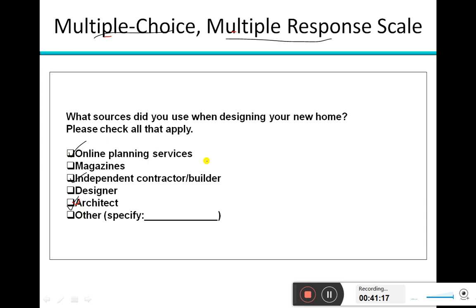The question could be ordinal, for example ranking, or nominal. For example, which one is more preferable to you? You rank them. The first ranking is the contract builder, which you give 1. Second, for example, the architect, which you give second. Online, for example, third.